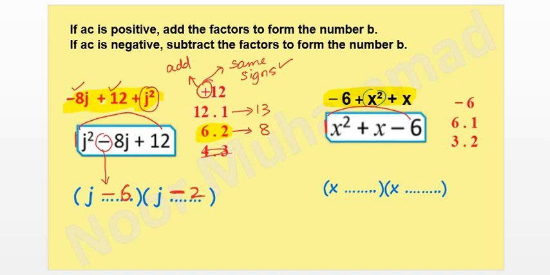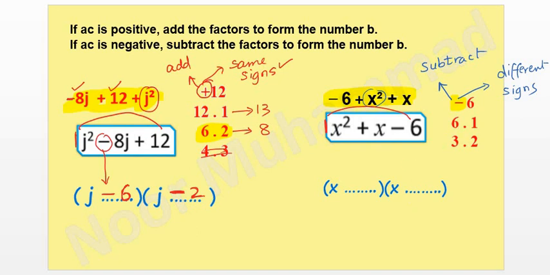Now again this negative sign tells us something. It says you have to subtract the pair of the factors that you are making here, right? And then it tells us something else. It says when you write the final answer in that factor, you will put different signs with each number, the numbers that you will write in the final answer.